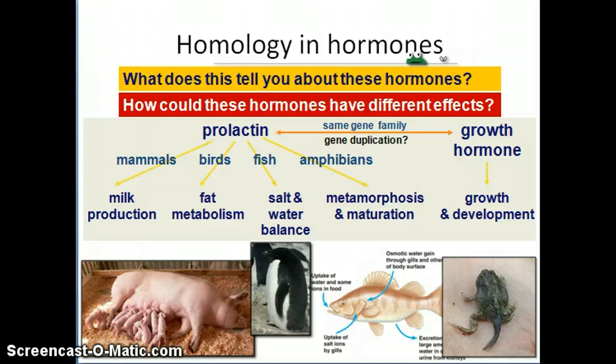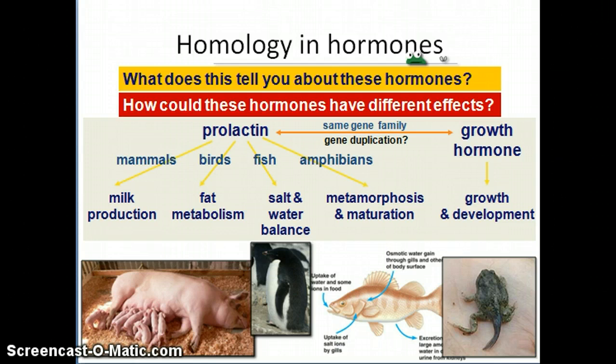And in amphibians, it takes a big part in metamorphosis and maturation, so it has to do with the disappearance of the tadpole's tail and also the maturation and development of the actual frog. These are just some examples, and we'll learn a lot more about this when we get into the evolution chapters.